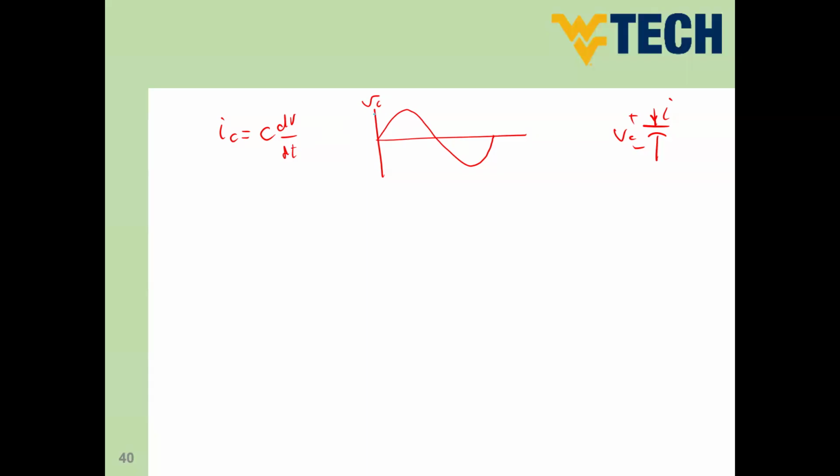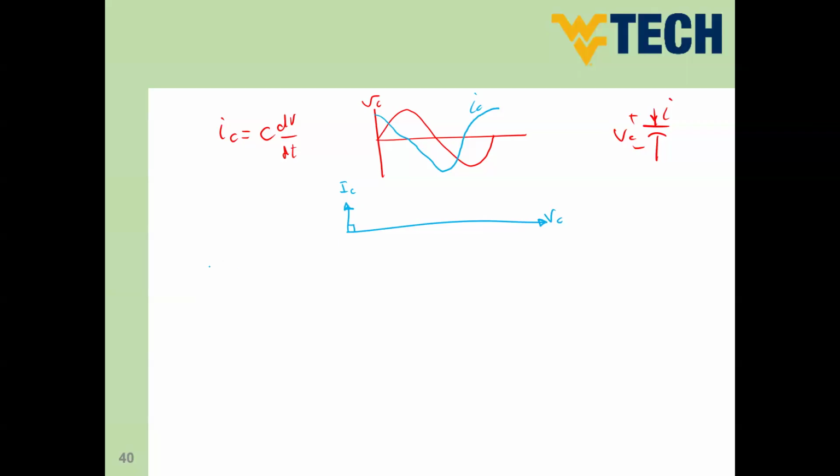So this is going to make the current appear like that. So this is going to be IC, okay? If we draw the phasor diagram of this case, if this is VC, IC is going to be leading by 90 degrees. So this is the phasor diagram of the capacitor.